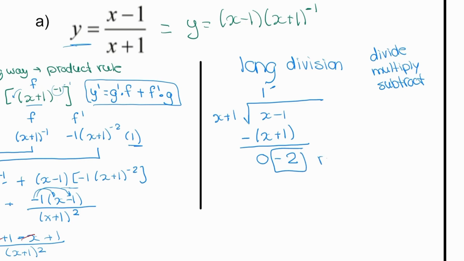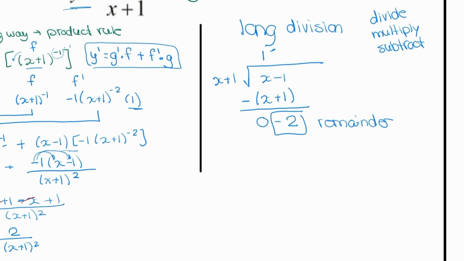This negative 2 is just my remainder. So what am I left with? Well, I am left with negative 2 all over x plus 1 because I couldn't do anything with that, plus 1. Or you could say 1 minus negative 2 over x plus 1.